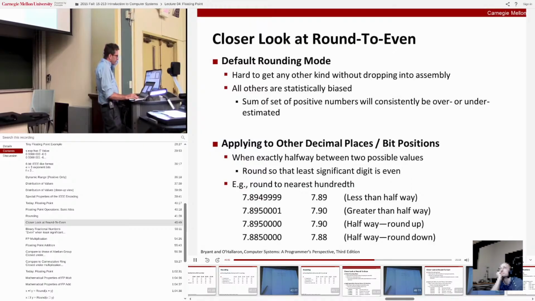Now, you can apply this to any value. So in the last example, we did it to the nearest dollar. But suppose we wanted to round to the nearest hundredth using round to even, the default round to even mode.